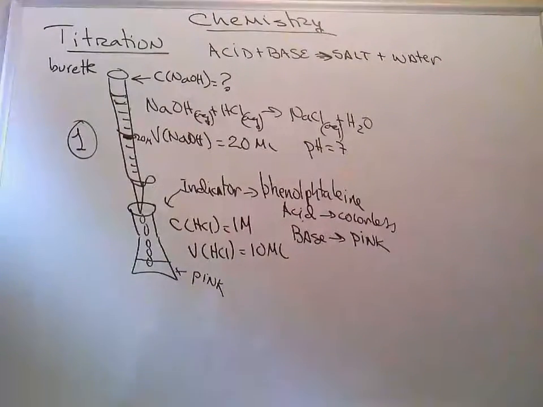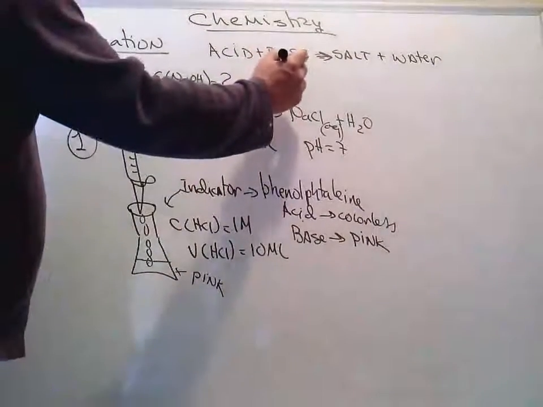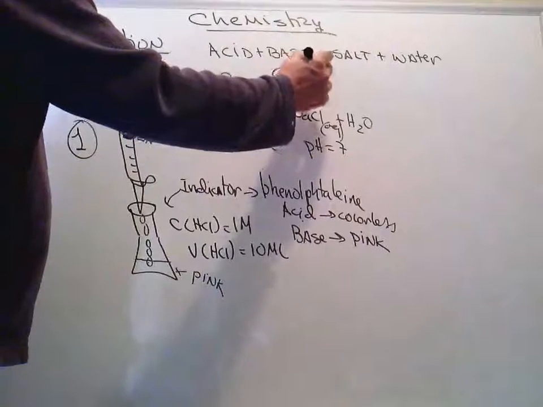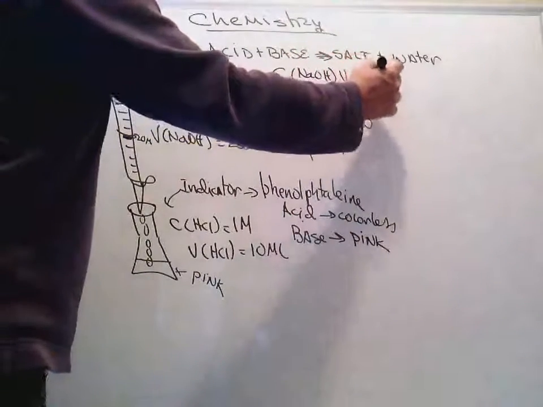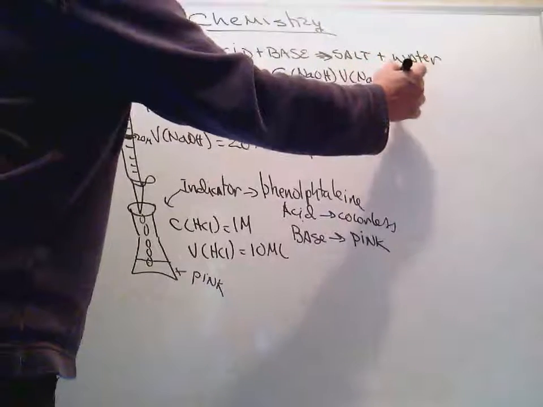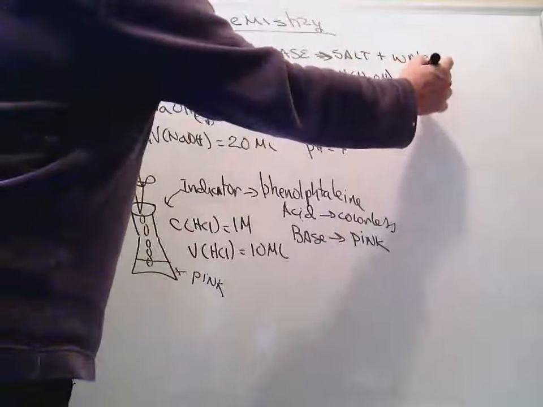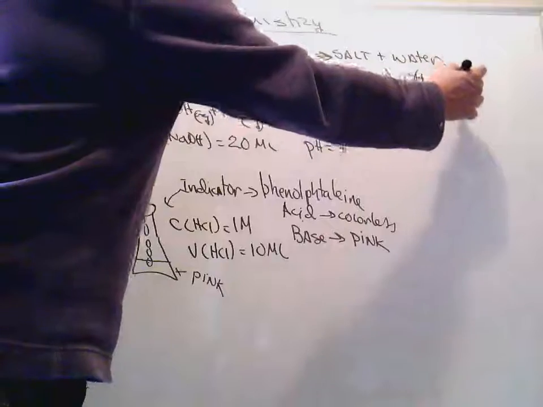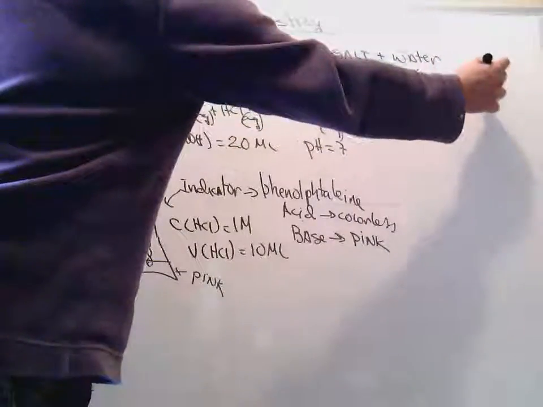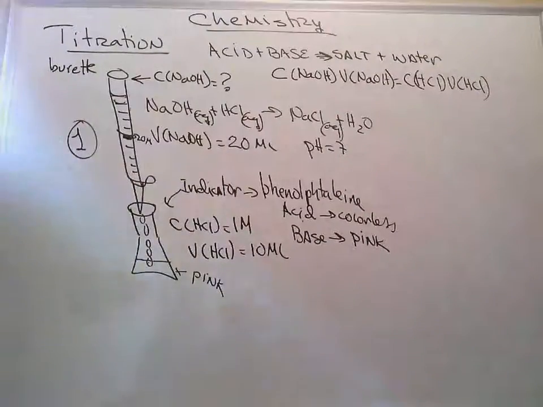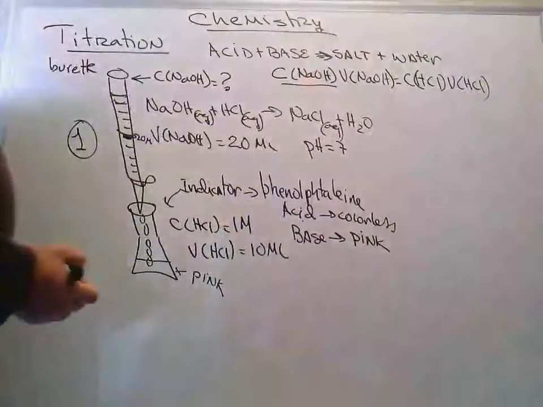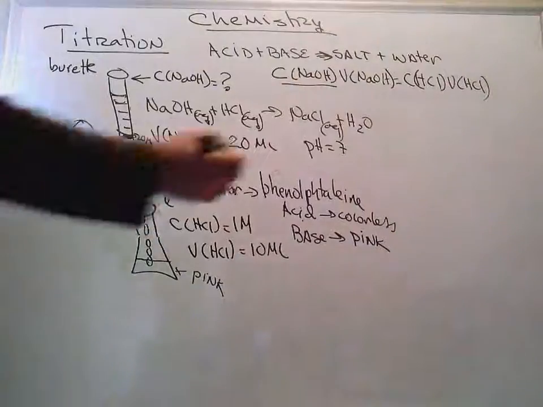How can we do the calculation? Well, the calculation will be the following. Sodium hydroxide concentration times volume of sodium hydroxide will be equal to concentration of hydrochloric acid times the volume of hydrochloric acid. That will be the formula that I will use. We need to solve for the concentration of sodium hydroxide.